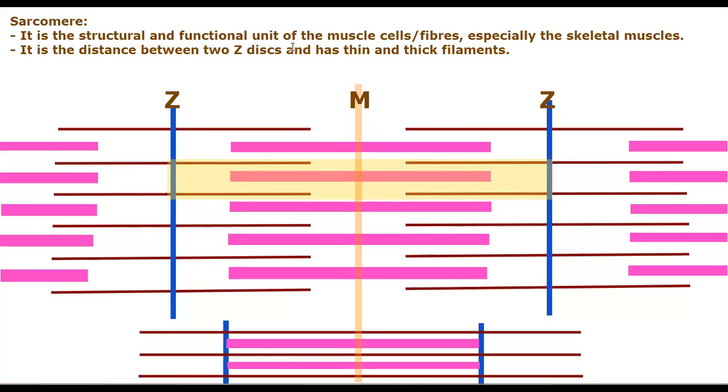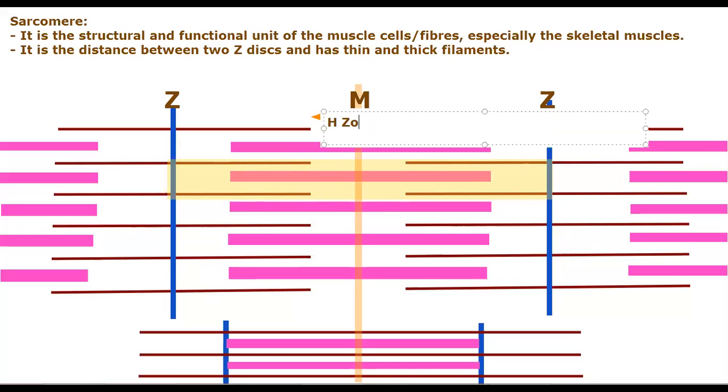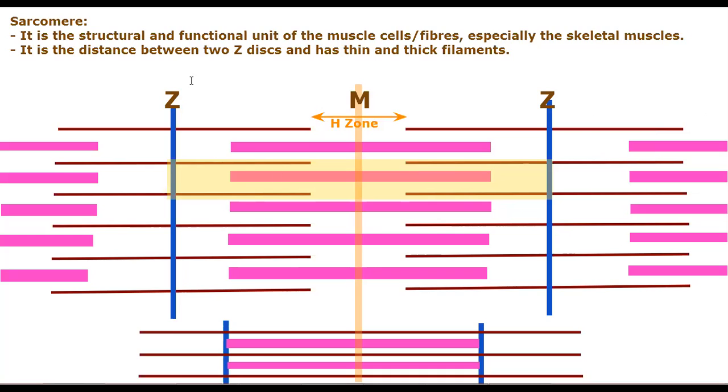Okay, now this distance, from here to here, is called the H zone. Okay, so this is called H zone. Fine, so we will call this the H zone. Clear?